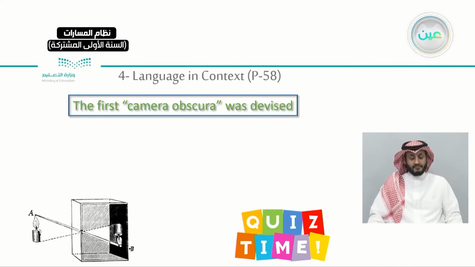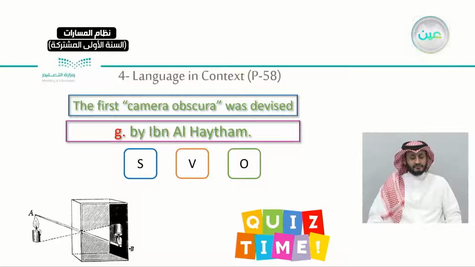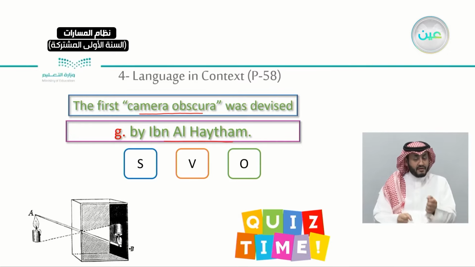One more. And here, the first camera obscura was devised. Who devised it? Who invented it or started it? It was invented by Ibn al-Haytham. So the camera that we use today, the first invention was made by Ibn al-Haytham. This is the object, the thing that was done, and Ibn al-Haytham is the subject.